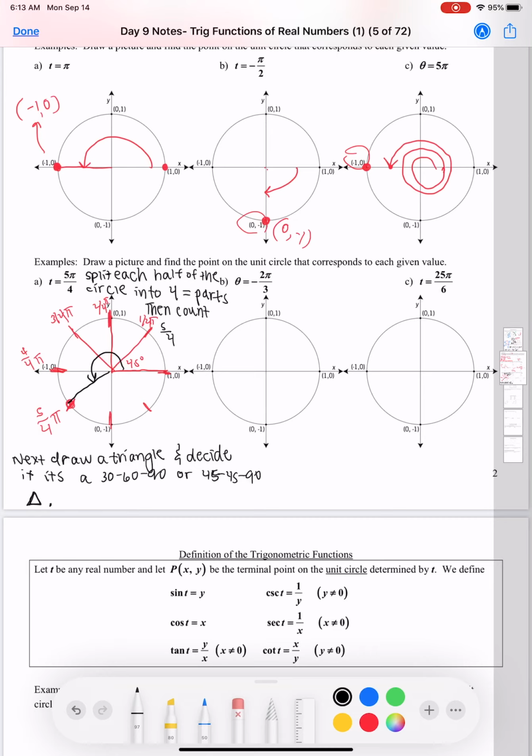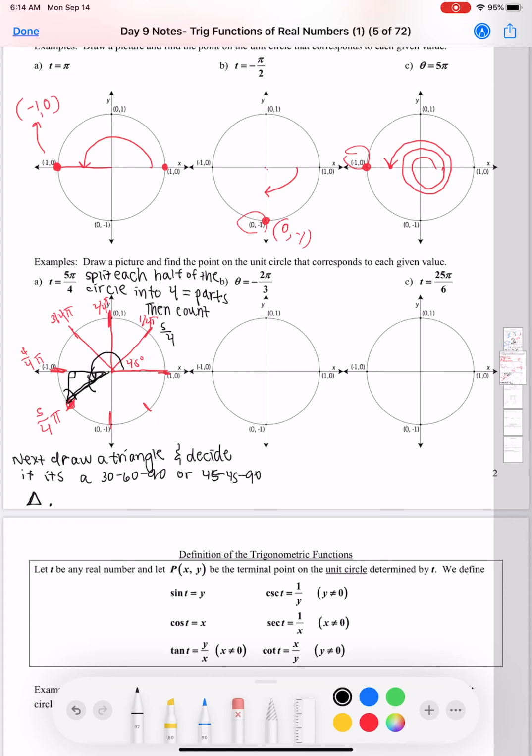And so I know I already told you that these were 45-degree increments, but if you didn't realize that right at first, then looking back at your unit circle, we know that this is going 45 degrees from the x-axis. And so if I just have a triangle drawn here, we know this is the right angle, and we know then both of these angle measures in that triangle are going to be 45-degree angle measures.